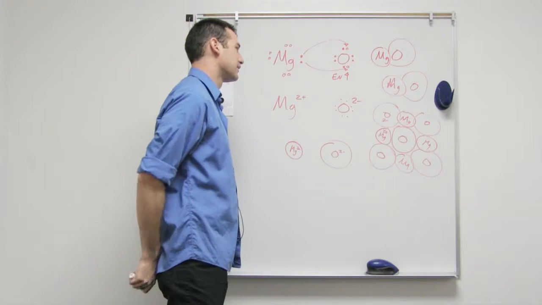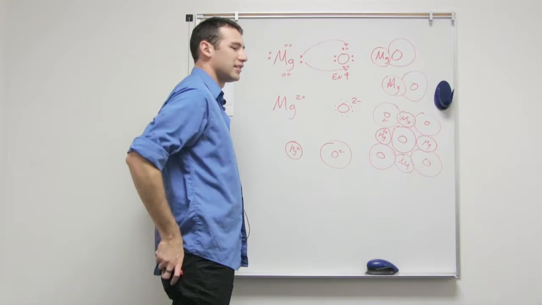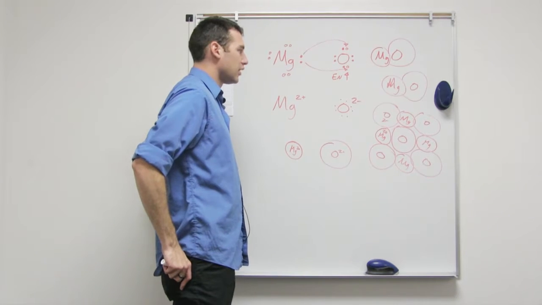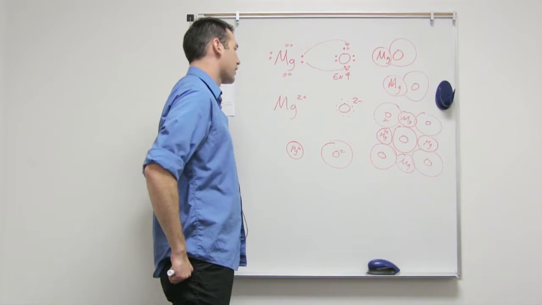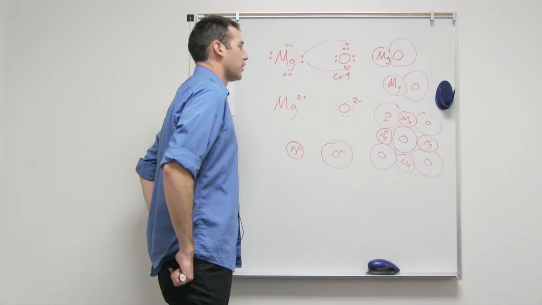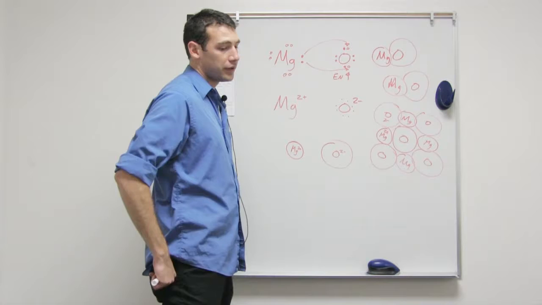In other words, it's easier for it to give them away than to share, because it can't form a quadruple bond. It wouldn't be able to do it.